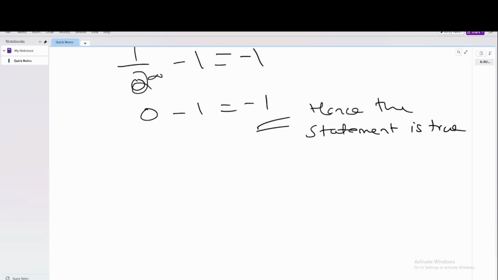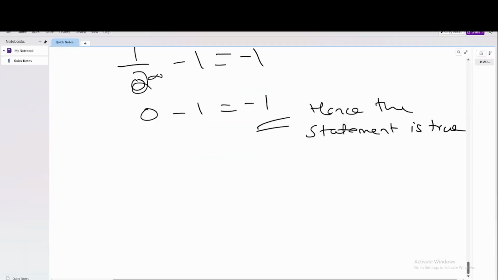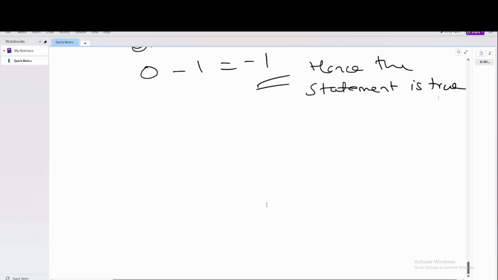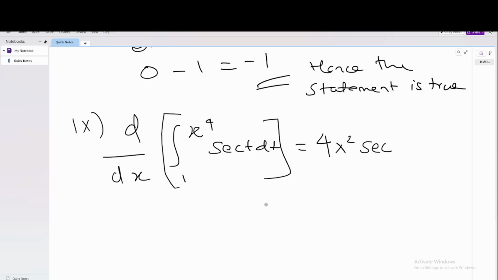The next question is the ninth question. d by dx of the integral from 1 to x raised to 4 of sec t dt is equal to 4x square sec x raised to 4.